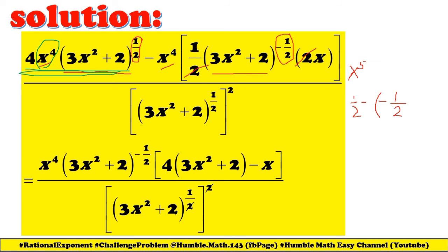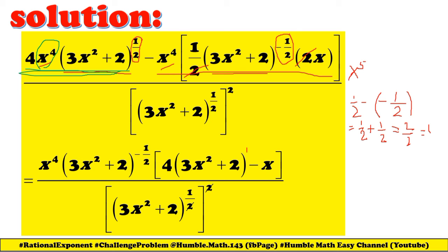Logically, we have double negatives, so it becomes positive. So 1/2 is added to 1/2; they have the same denominator, so we add the numerators and we have 2/2, which is equivalent to 1. So the exponent of the base 3x squared plus 2 for the first term is 1. Then minus another term, which is this one here.